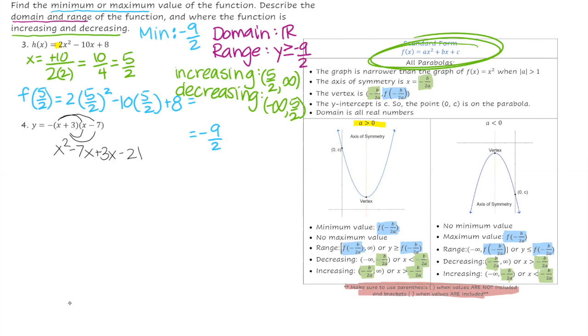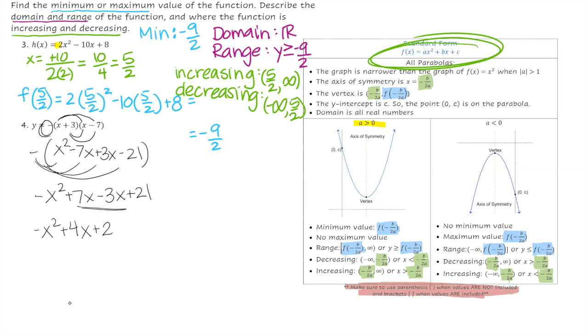And then keep in mind there was this negative out here, so I actually have to distribute that negative to each of these as well. And then I need to combine my like terms. So I get a negative x squared plus 4x plus 21.